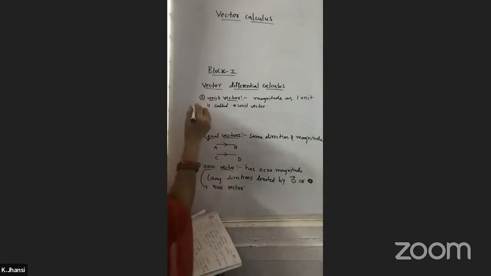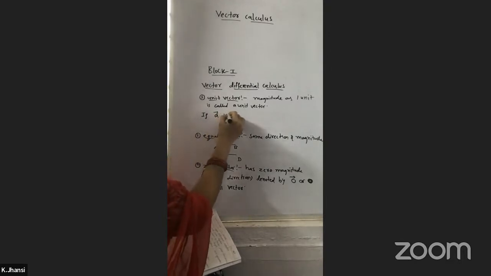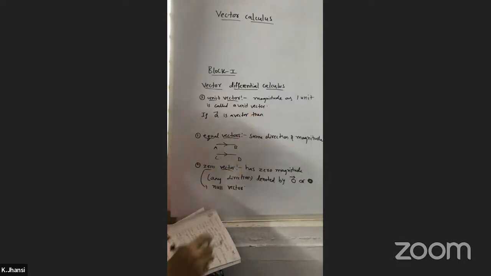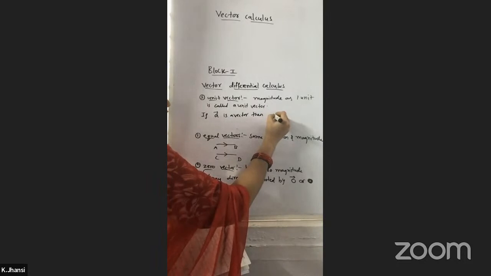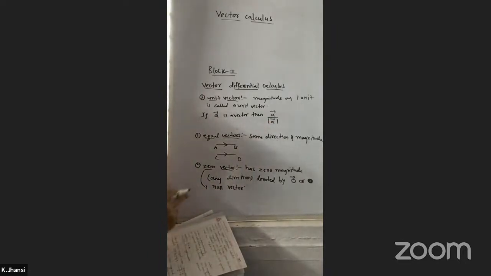Unit vector: if A bar, that is vector A, is a vector, then this is the important one. The unit vector is represented like this: vector A by modulus of A. That means it has a direction and also it has magnitude 1.